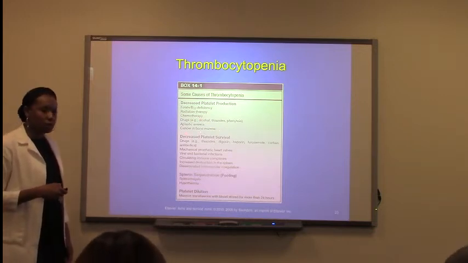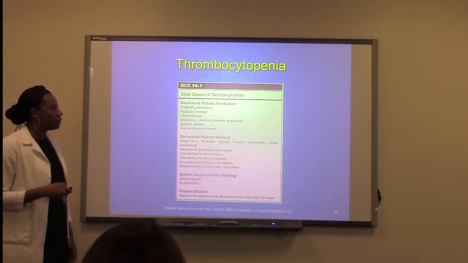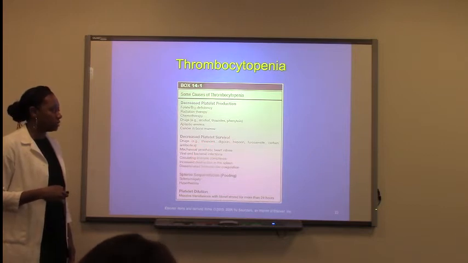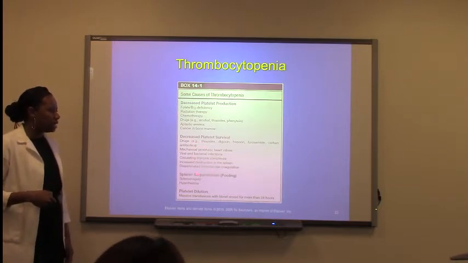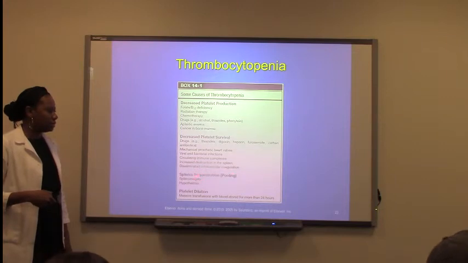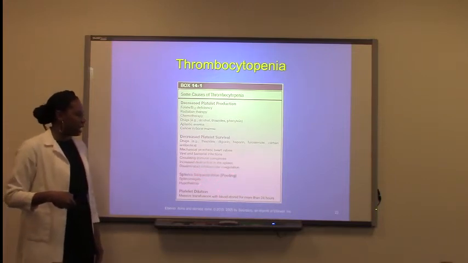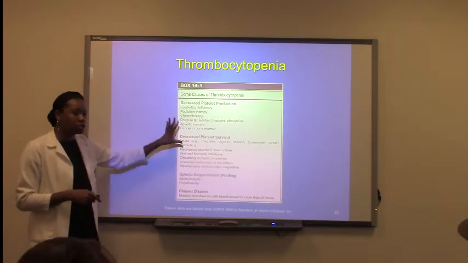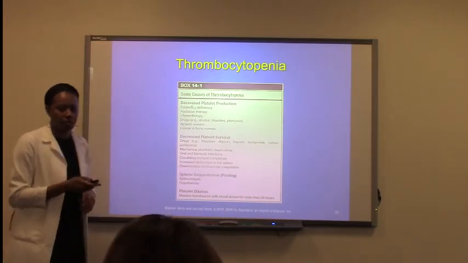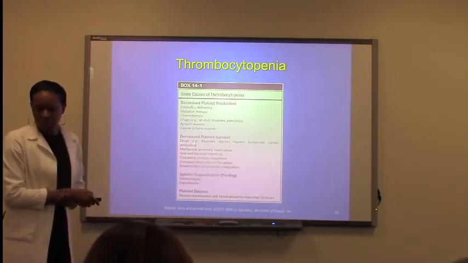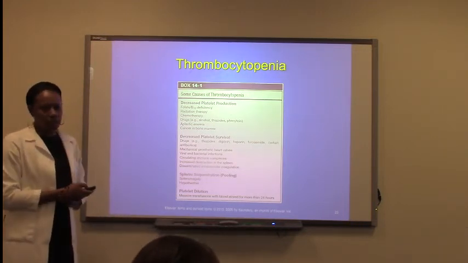Cancer itself in the bone marrow, which we know obviously. Also keep in mind that certain drugs can cause a decrease in platelet count. And here they're talking about the pooling, splenic sequestration, and just a couple of things. So make sure you know this chart. Let's start with that. Page 302 in the new book, Box 14-1.